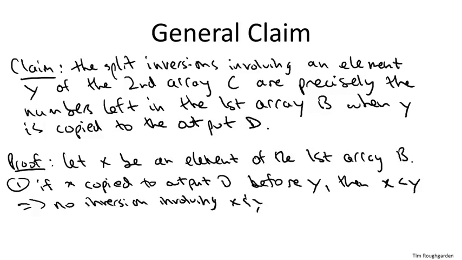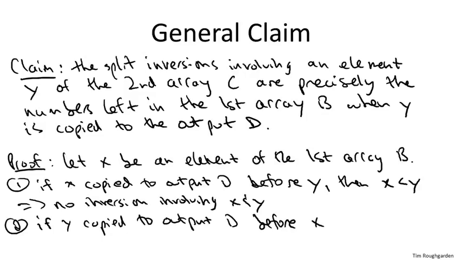On the other hand, if Y is copied to the output D before X, then again, because we populate D left to right in sorted order, that's got to mean that Y is less than X. Now, X is still hanging out in the left array, so it has a lesser index than Y. Y comes from the right array, so this is indeed a split inversion.